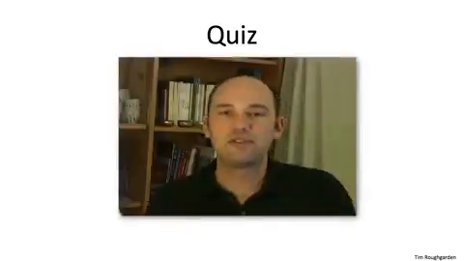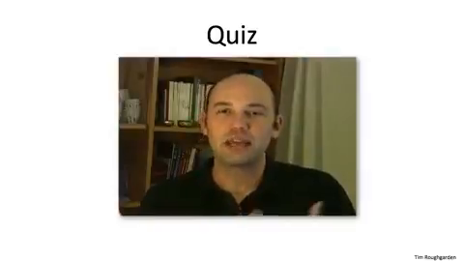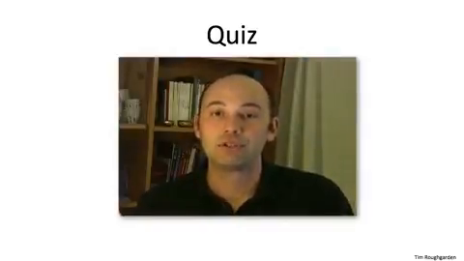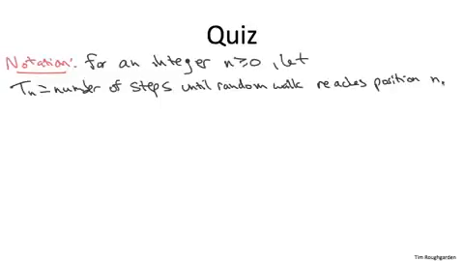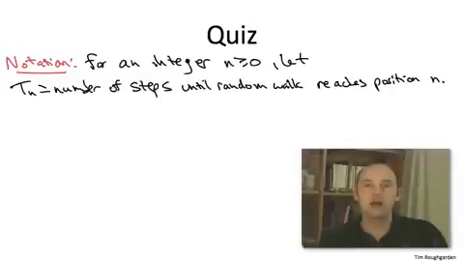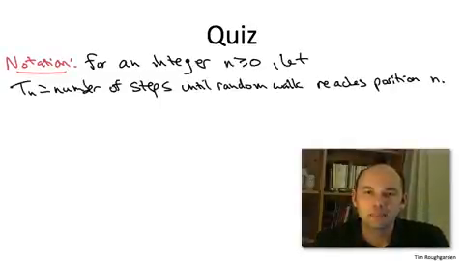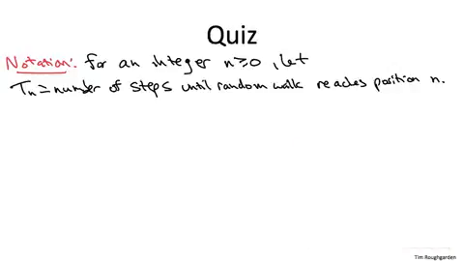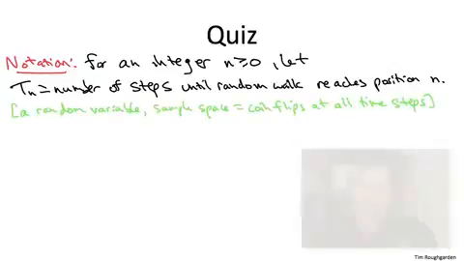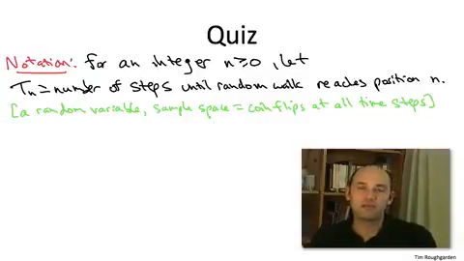So let's state this statistic precisely and check in with your intuition about how it grows as a function of n. For a non-negative integer n, I'm going to use capital T sub n to denote the number of steps this random walk takes before it reaches, for the first time, position n. So T sub n is a random variable in the sense that its value depends on exactly which steps you took, on the results of your random coin flips.